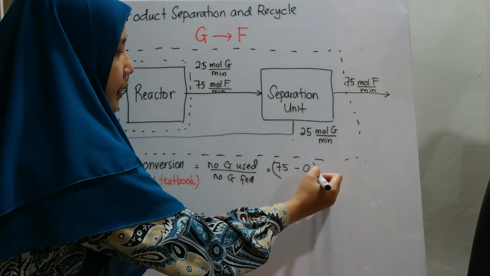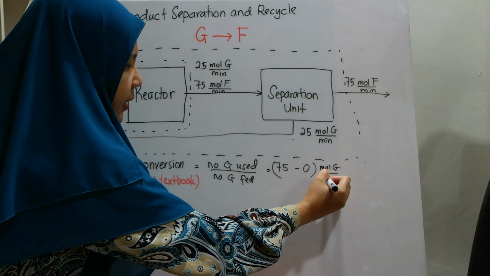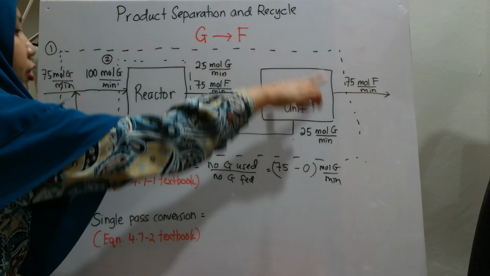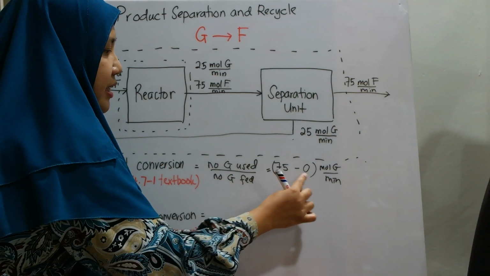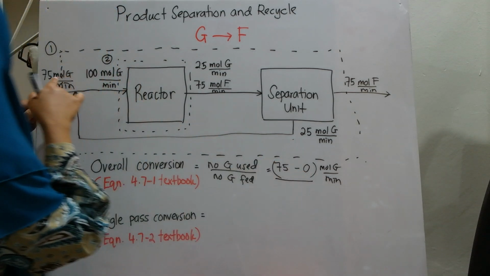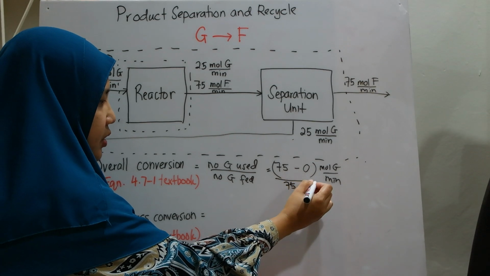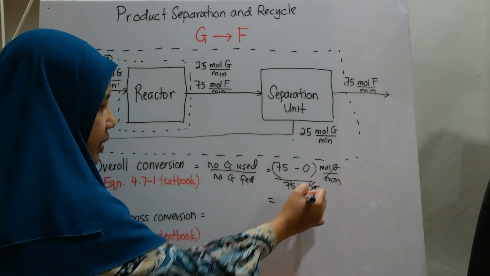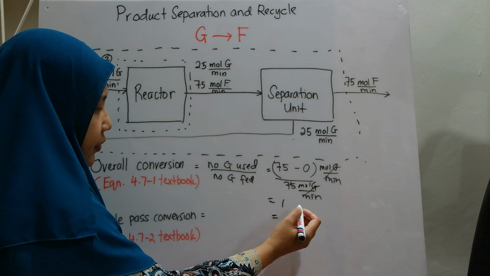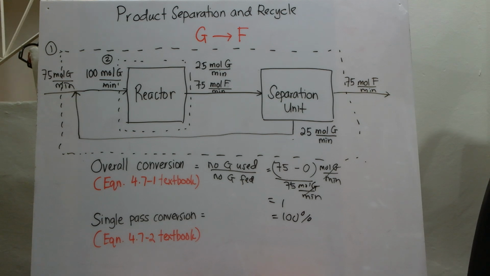So 75 minus 0, divided by the 75 mole G per minute that goes into the overall boundary, we get 1, or in percentage, 100% conversion of G. I hope you understand that.